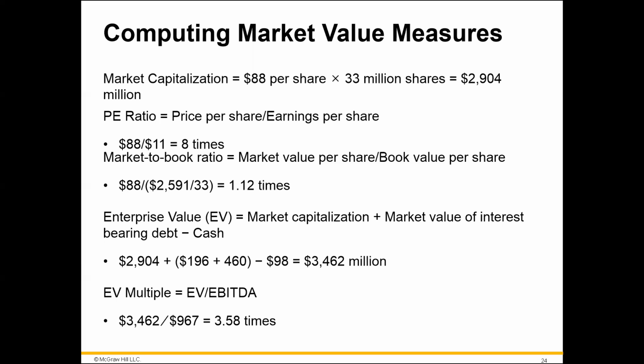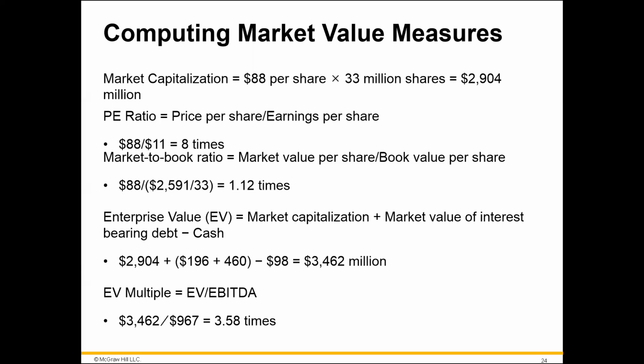So you can see that the enterprise value for the corporation, 3,462 million, is much higher than the market cap of that corporation, right?